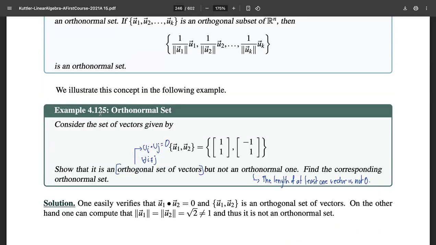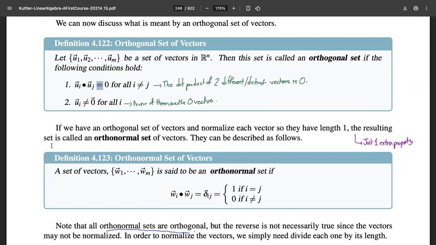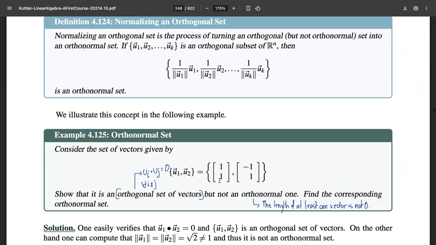We only have two vectors here, so the first vector dot the second vector is 1 times -1 plus 1 times 1, which is -1 plus 1, that's 0. So the first condition is satisfied. The second condition tells us that none of the vectors are 0 vectors, and that's obvious from this example.